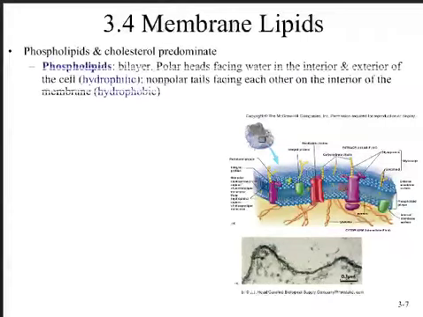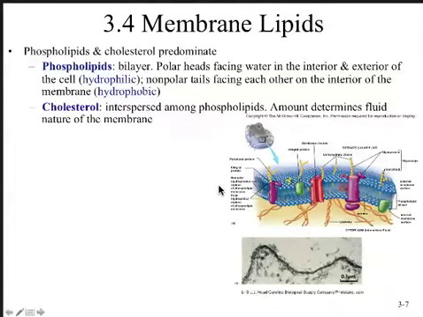Okay, phospholipids and cholesterol predominate the cell membrane. The phospholipids form the phospholipid bilayer, and we've already described the arrangement of these molecules. Cholesterol is used as a way to mediate how much the membrane moves around. So if you have a lot of cholesterol inserted into the membrane, there will be less movement of the phospholipids. If you have less cholesterol, there will be more movement of the phospholipids.